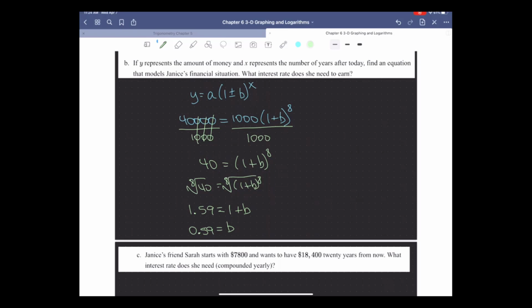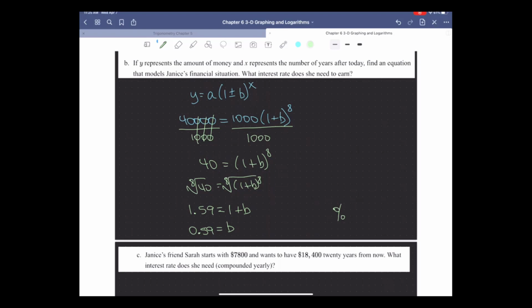So this is where we need to be a little careful when writing this as a percentage. We want to convert that 0.59 into a percentage because we always like to write that rate as a percentage. Anytime I turn a decimal into a percentage, what do I have to do? Multiply by 100.